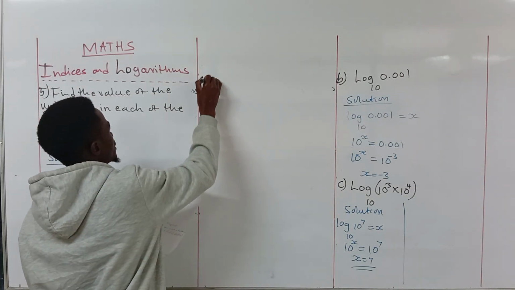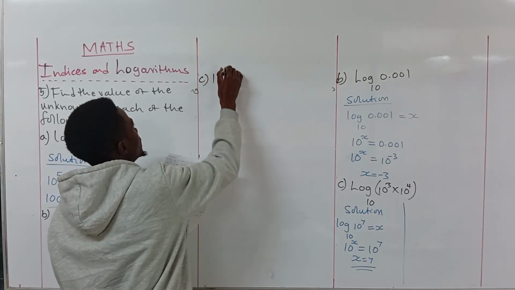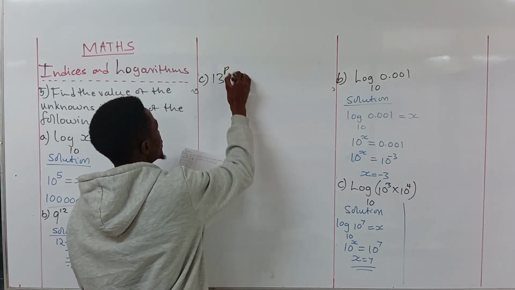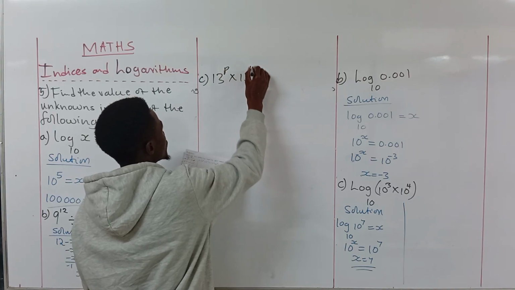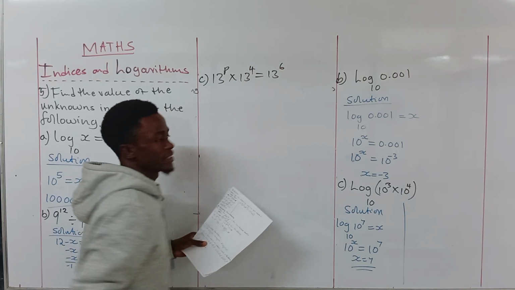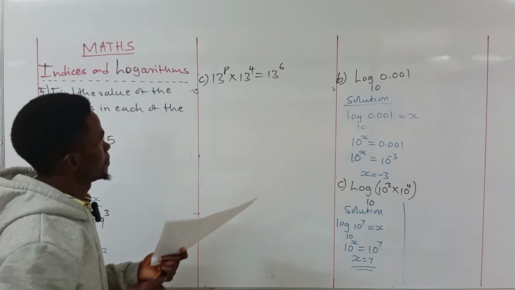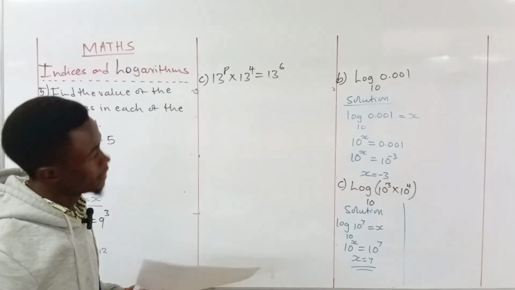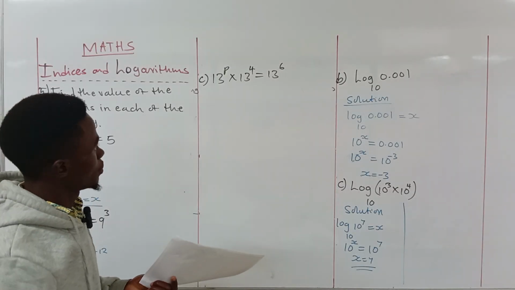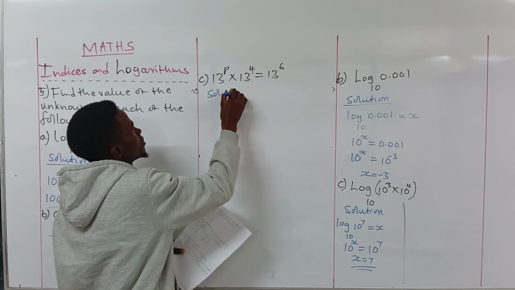We have part C here, which is given as 13 power p times 13 power 4 is equal to 13 power 6. We are going to have our solution here.